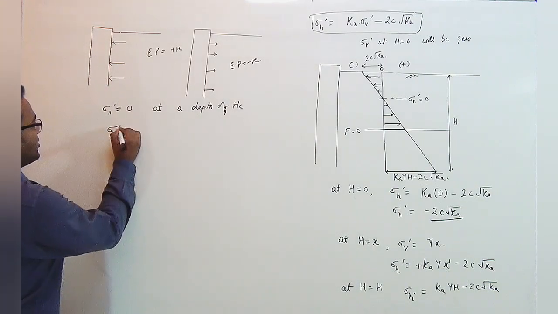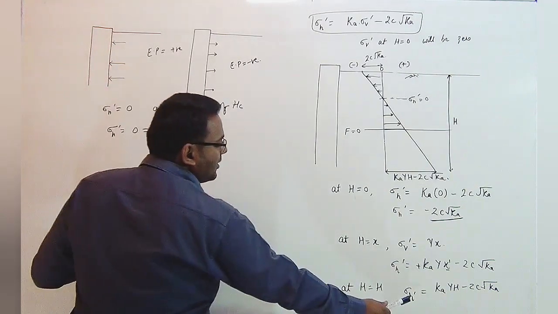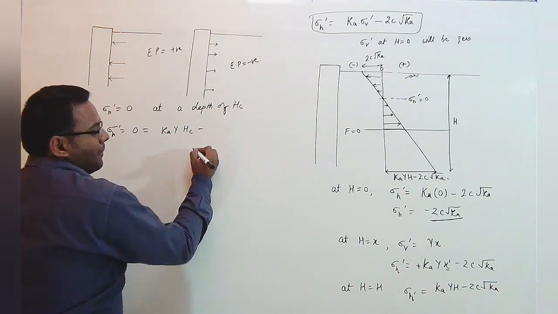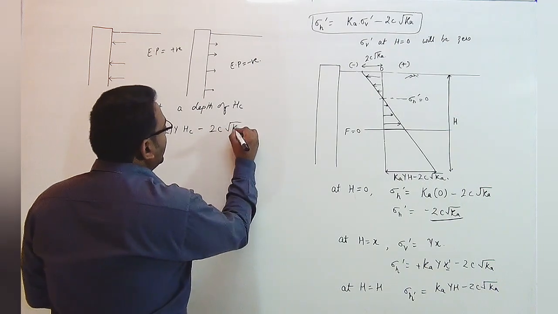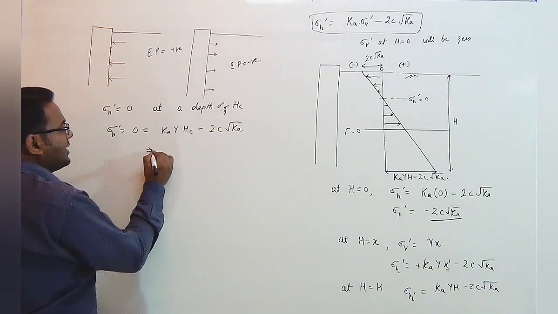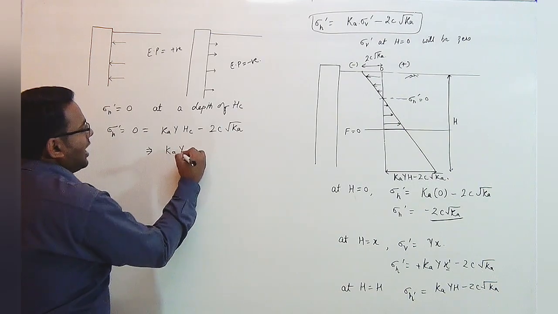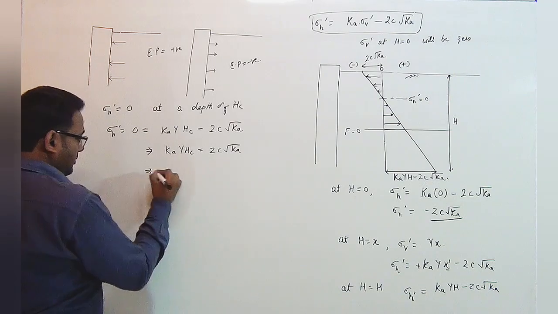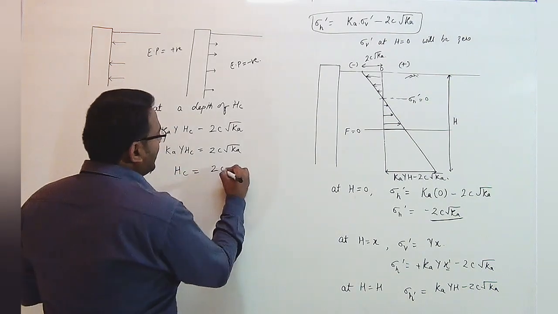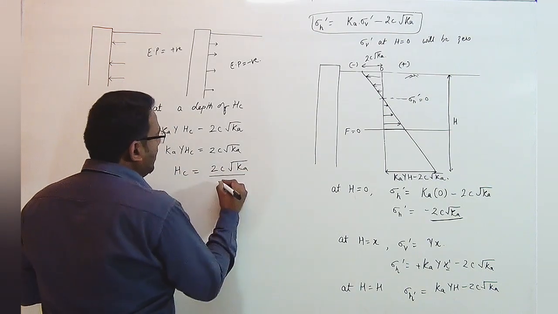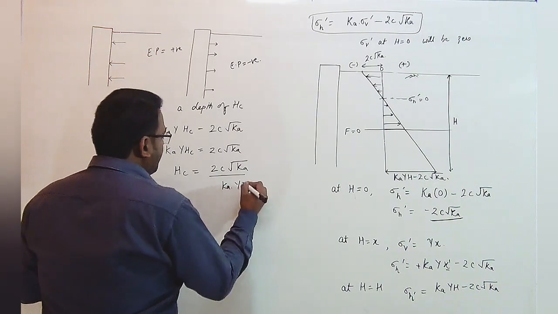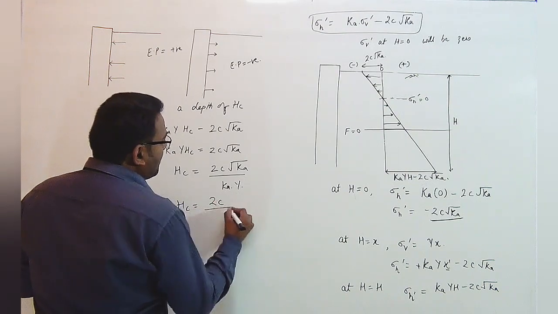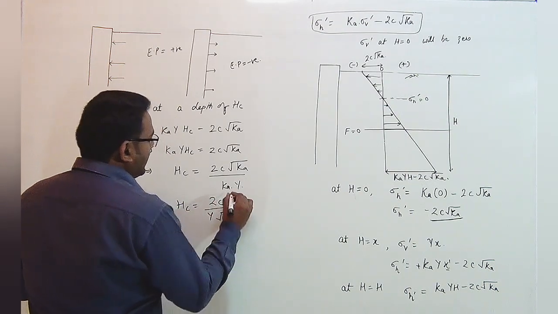Sigma h dash is equal to 0, and at any depth sigma h dash is given as Ka gamma Hc minus 2c under root of Ka. Hence Ka into gamma Hc is equal to 2c under root of Ka. Hence Hc can be written as 2c under root Ka upon Ka into gamma. Hence the value of Hc can be written as 2c upon gamma under root of Ka.